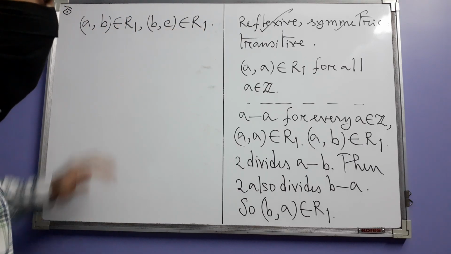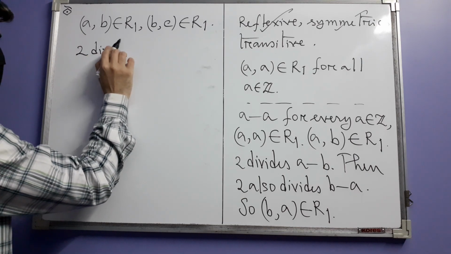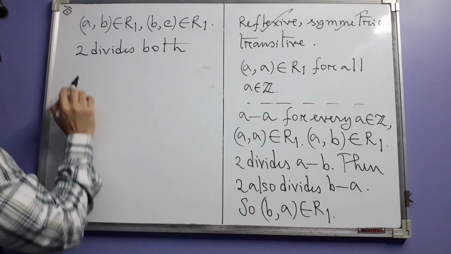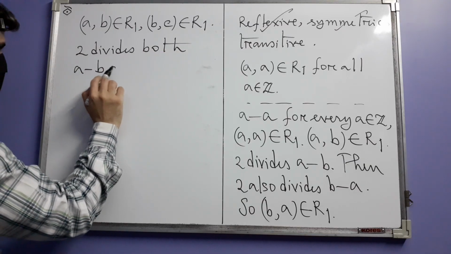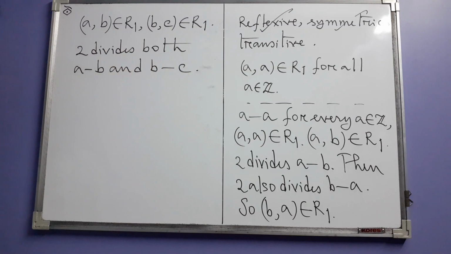This means that 2 divides both a minus b and b minus c.